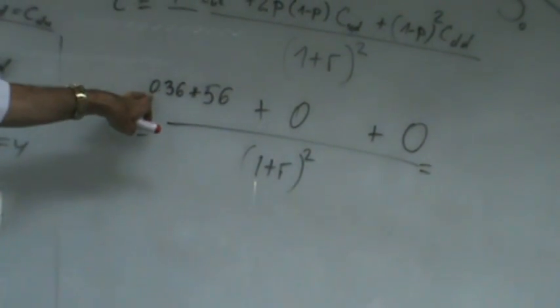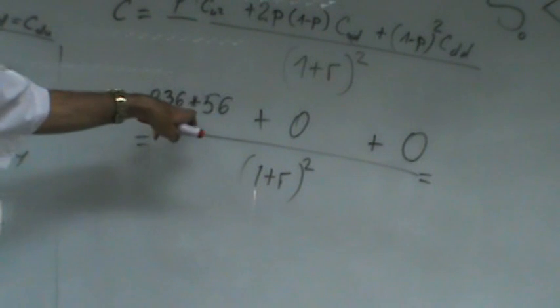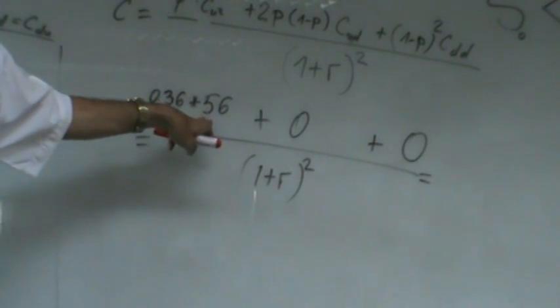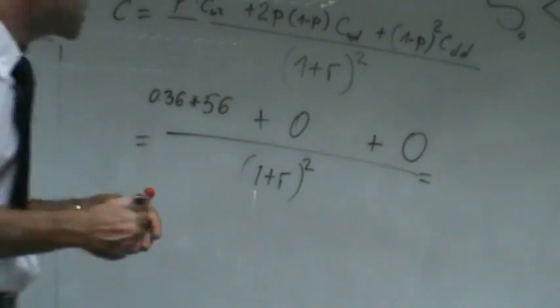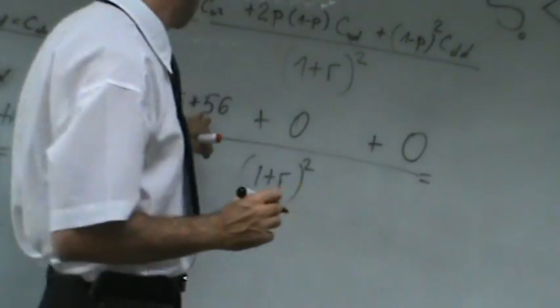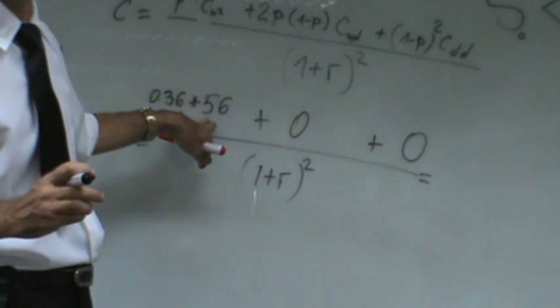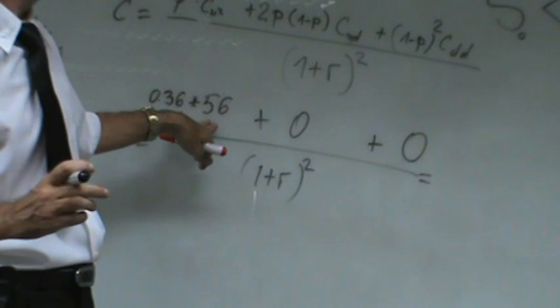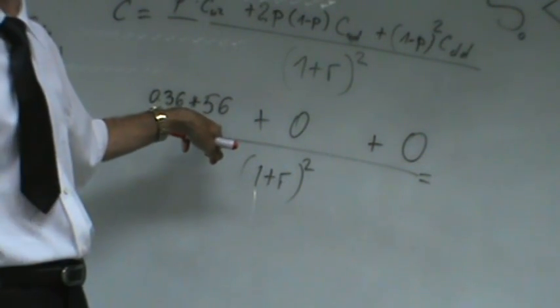So someone, calculator, what's 0.36 times 56?